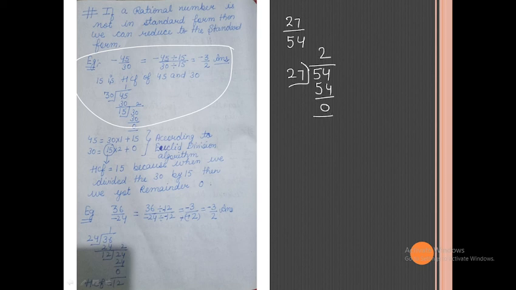So here 27 is the HCF. We can divide both 27 and 54 by 27, and we get 1 by 2, which is the standard form of 27 by 54.